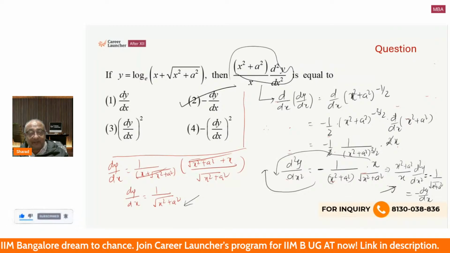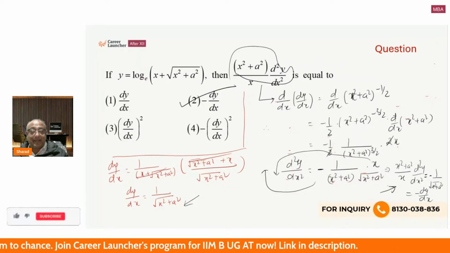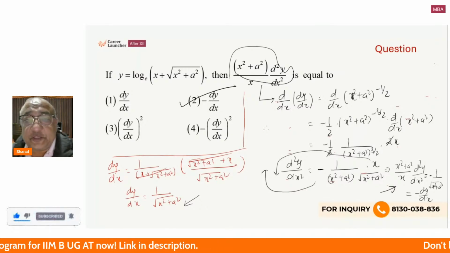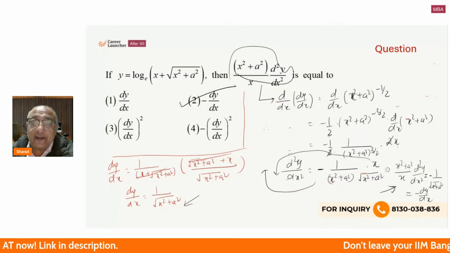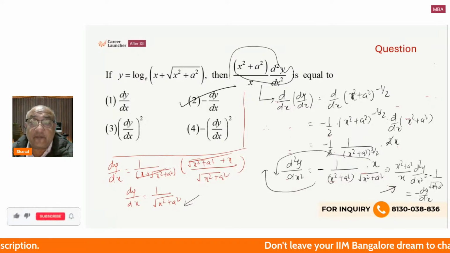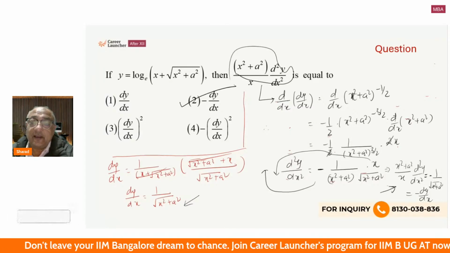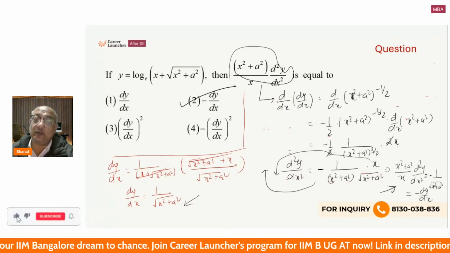So have you understood, kids? This completes our revision and discussions on complex differentiations. We have done implicit differentiation, we have done logarithmic differentiation, and we have done differentiation of second order derivative.